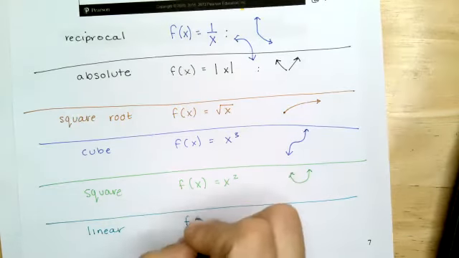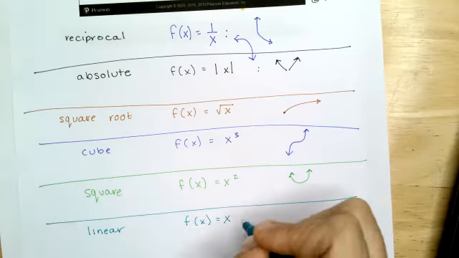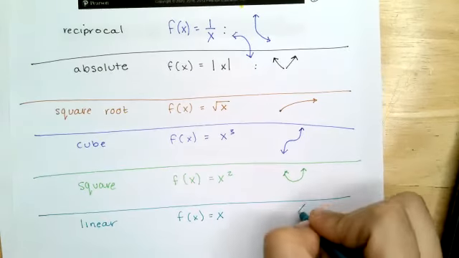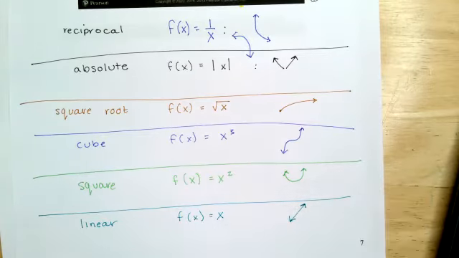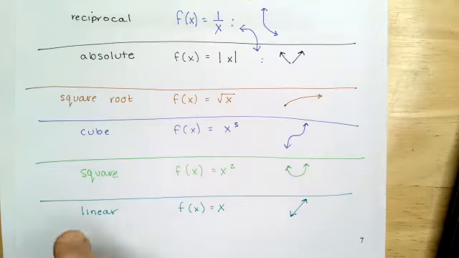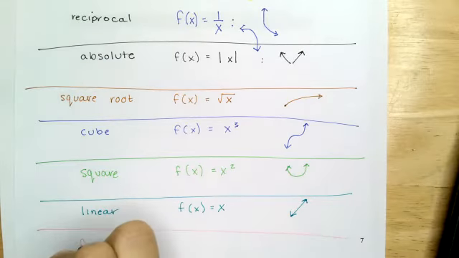The linear one, x is raised to only the first power, so it's a straight line. And finally, we have constant, just y equals a number.